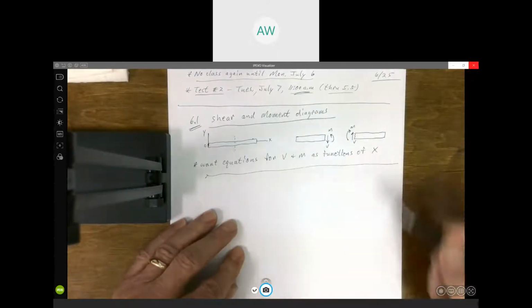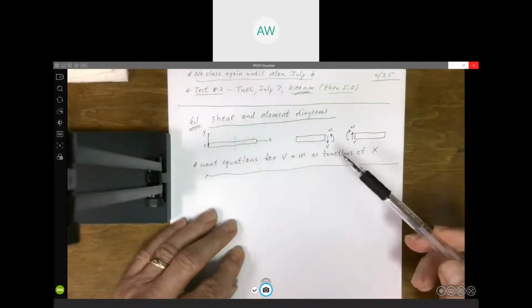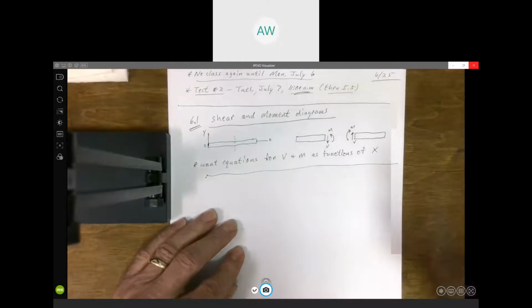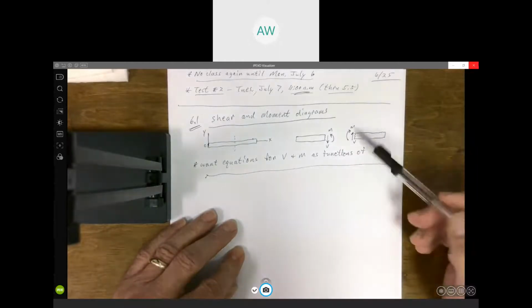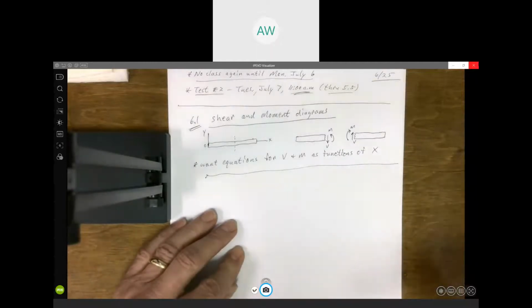So if we can get an equation for the shear force V as a function of X, we can graph that, and that shows what the shear force is down the length of the beam. If we can get an equation for the moment as a function of X, we graph that. That depicts the moment as a function of X down the length of the beam.